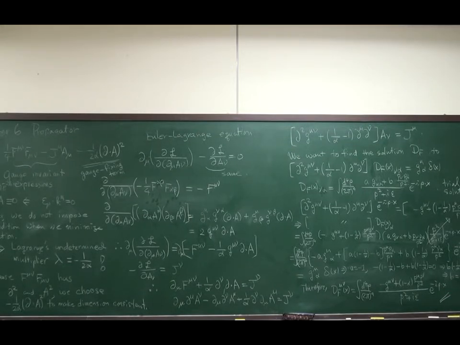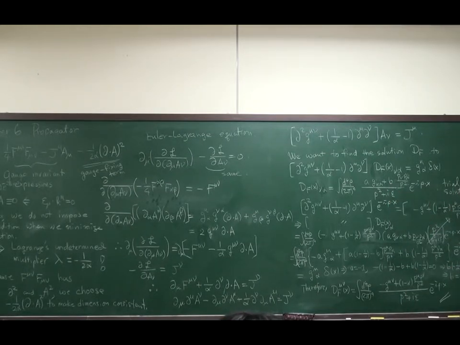If I multiply minus alpha to both sides, then B is 1 minus alpha. So A is minus 1 and B is 1 minus alpha. We indeed found the solution.